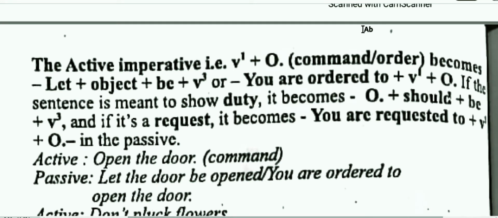These are called the imperative sentences. In the case of imperative, we have to remember the active imperative is verb 1 plus object. Go home, close the door.